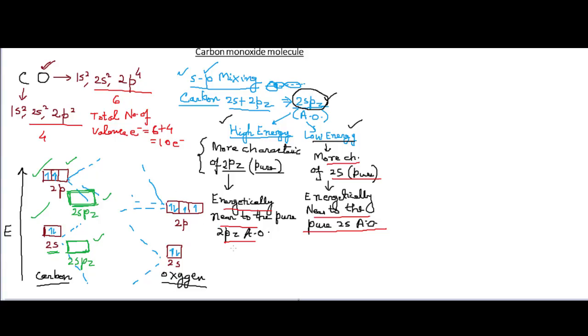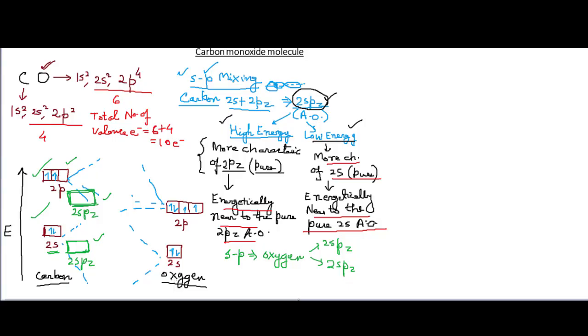Now this kind of sp mixing is also there in oxygen. Oxygen also gives low energy and high energy 2spz atomic orbitals. But oxygen has a low probability of this mixing.